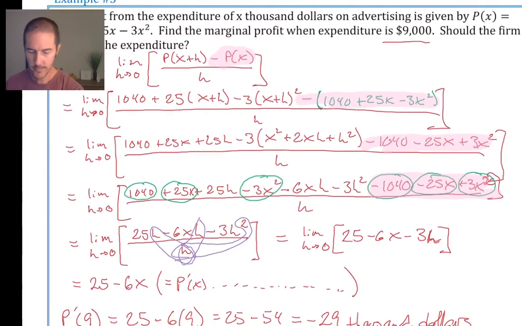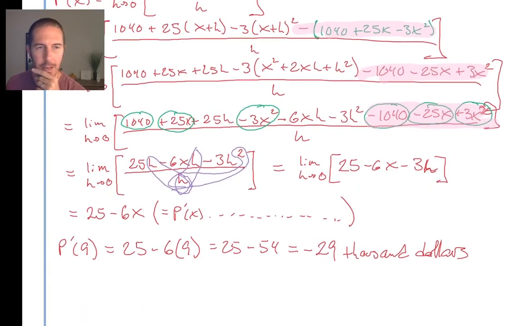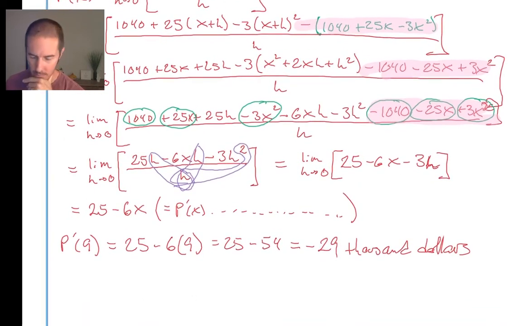It said, should the firm increase the expenditure? Now we had an expenditure of $9,000, and that was our X value. And here is where the X value went into our marginal profit function. If I make that number larger, then I'm going to end up subtracting an even larger number.